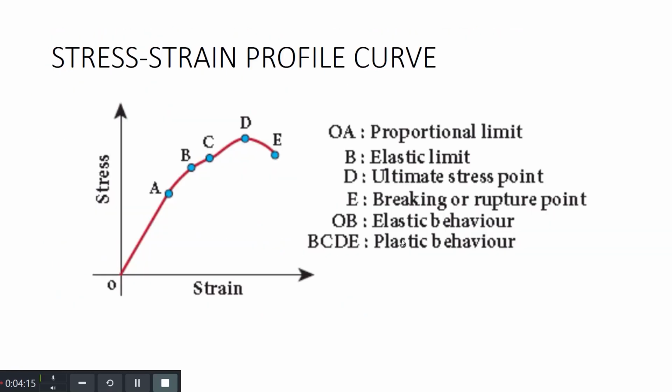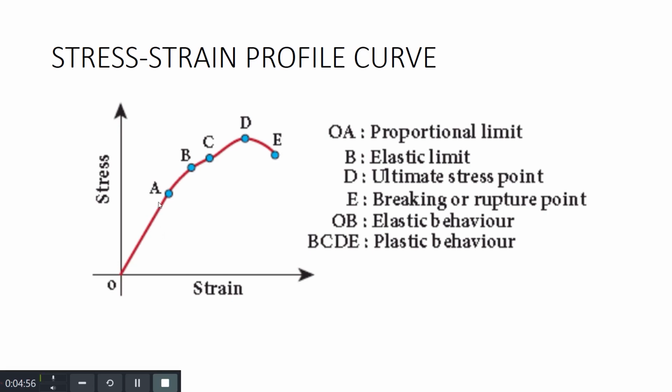Now, the stress strain profile curve. It is a very famous curve, and it shows the relation between the stress and strain. Now let me describe this curve. Whenever you apply stress on the object, strain is produced, and till point A, Hooke's law is valid, meaning the stress is directly proportional to strain.